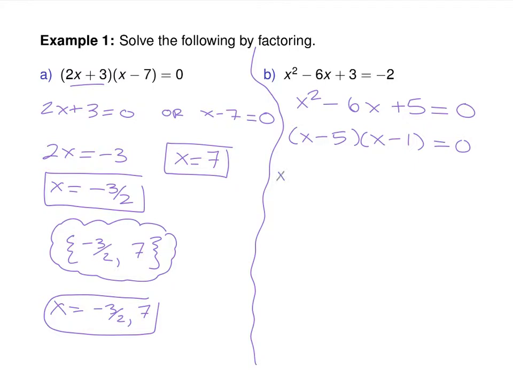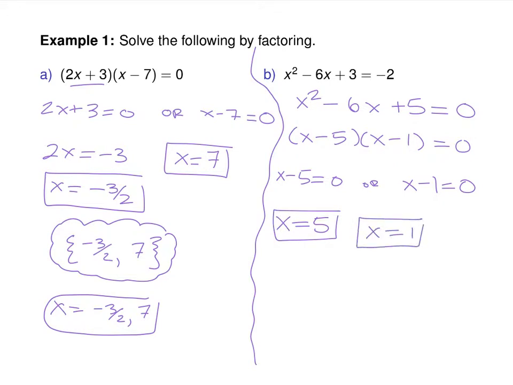And then you're solving x minus 5 equal to 0, or x minus 1 equals 0. So what's your first answer? x equals 5, or x equals 1. So they both work.